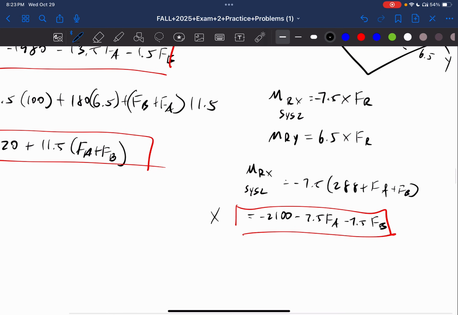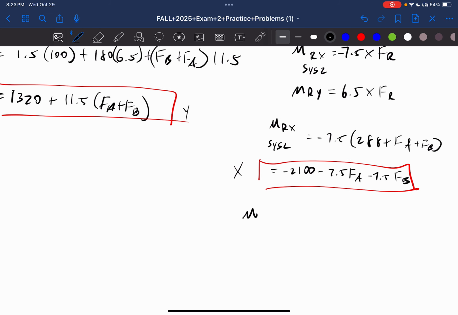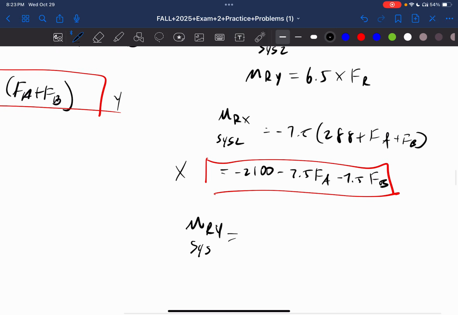So this is the X, this is X, this is Y. So moment about Y of system 2 is going to be equal to negative 7.